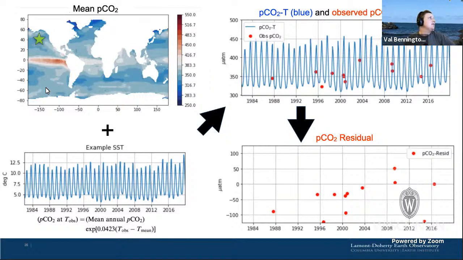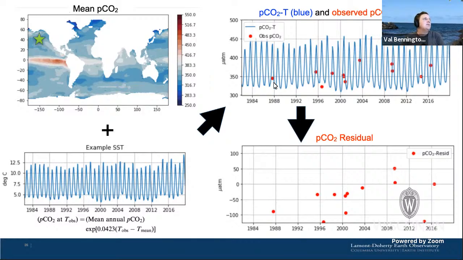So we start with this map of the long-term mean of surface ocean PCO2 that's pretty well constrained. And here I'm just picking out a location in the North Pacific with this green star here. And now at that location, we have sea surface temperature from satellites. And we use the mean PCO2 and this sea surface temperature with the equation to calculate PCO2T, or the temperature-driven portion of PCO2, and that's in blue here.